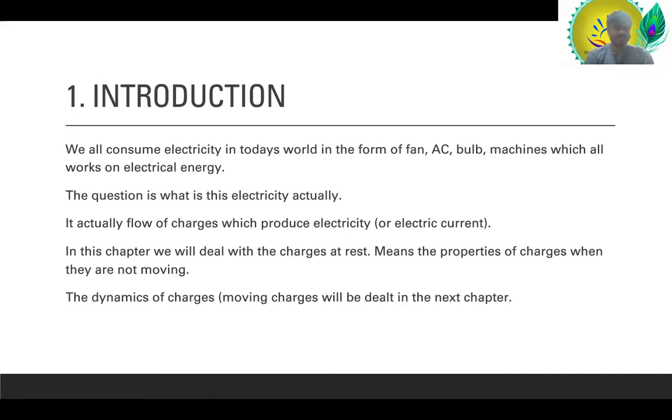This shows the importance of electricity in our daily life. Today, electricity is converted into different forms. We use a fan to convert electrical energy to mechanical energy.